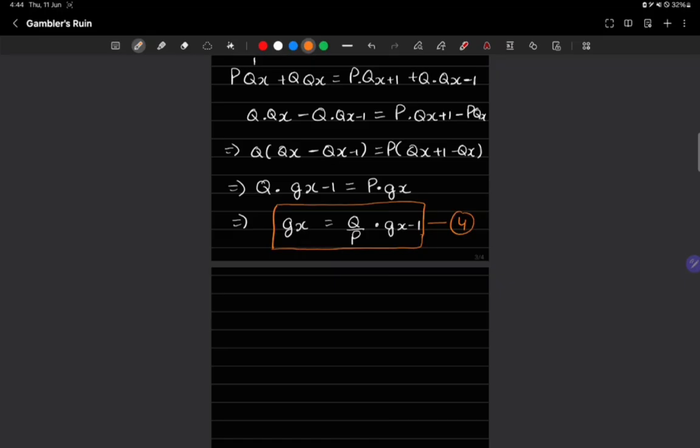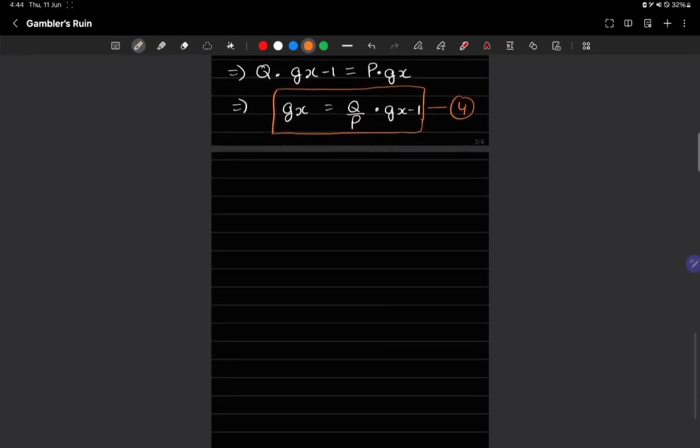So let's put some values in x as we have this fourth equation. So solving the fourth equation. Let's take x equals 0, then g of 0 is equal to 0, because when we are starting with 0 there is nothing to go behind 0, right? Because 0 was our ending point on the number line.